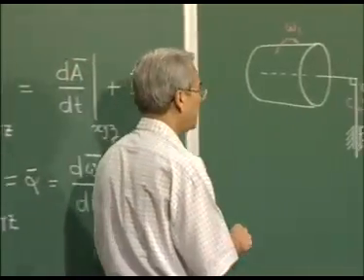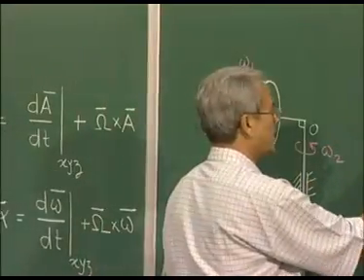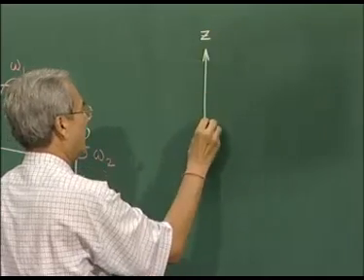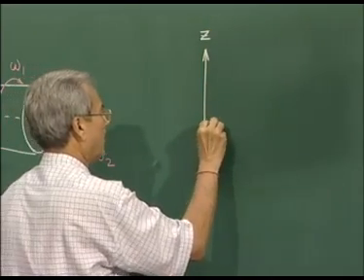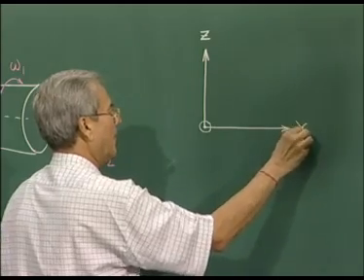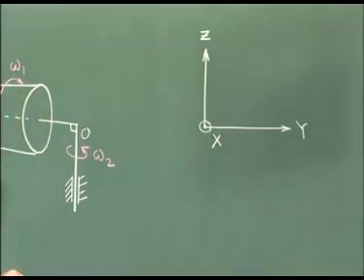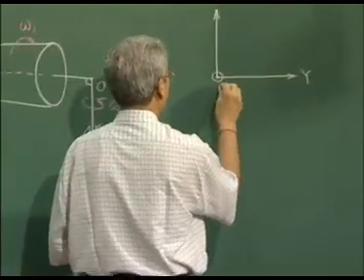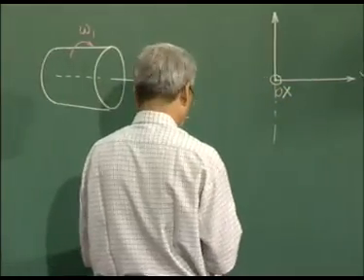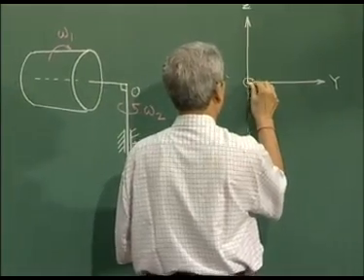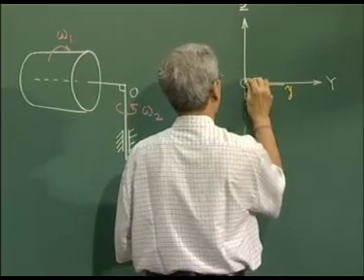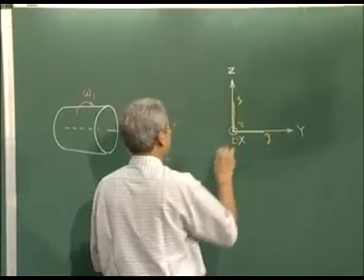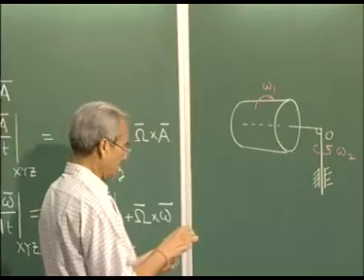We will have one frame of reference which is fixed, say this is the fixed frame of reference with this point as O. This is the moving frame of reference, momentarily coinciding with the fixed frame of reference capital XYZ.